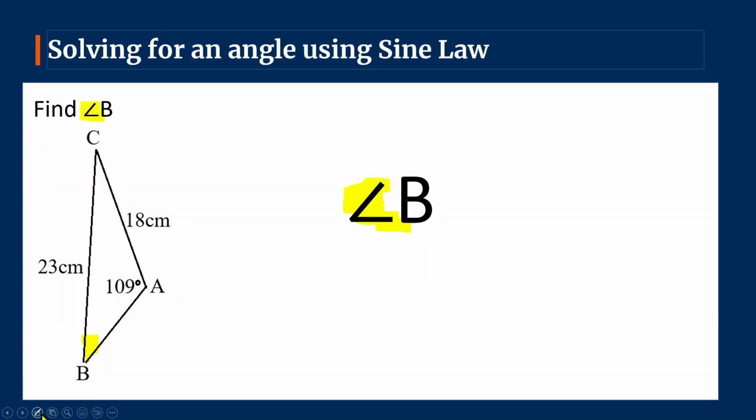And I know for some students, it can look a lot like the less than symbol, but this is meant to be like this edge is meant to be sitting on the ground as opposed to both of them being at an angle. So it's a subtle difference, but obviously context is important, right? I mean, we're in the trig unit. Why would I suddenly say find less than B? That would be a very strange statement to make. So that's the symbol for angle, which means that in this question, we are trying to find angle B.